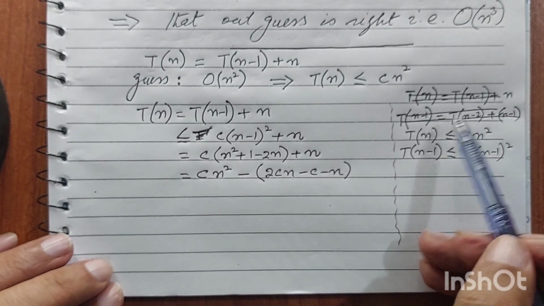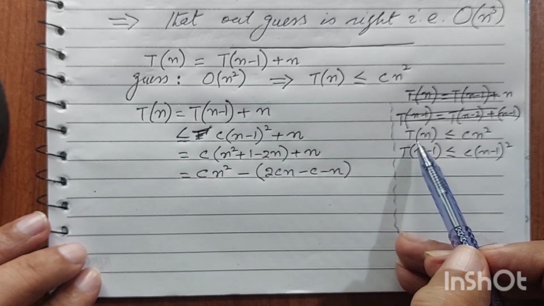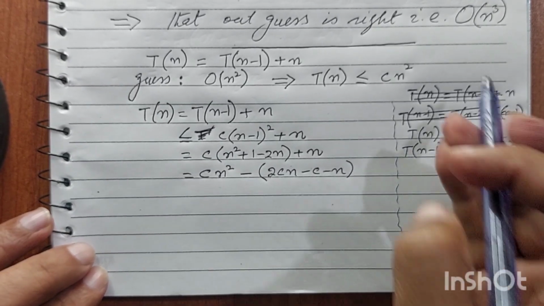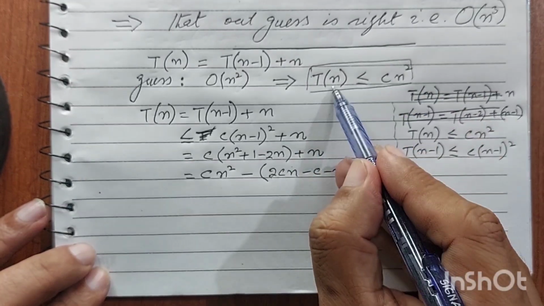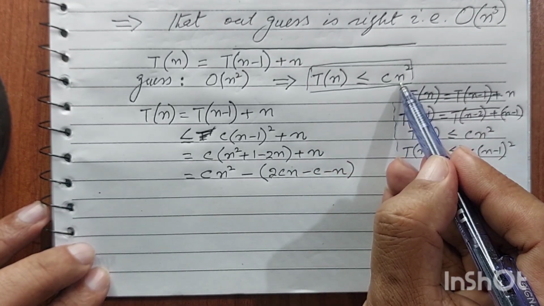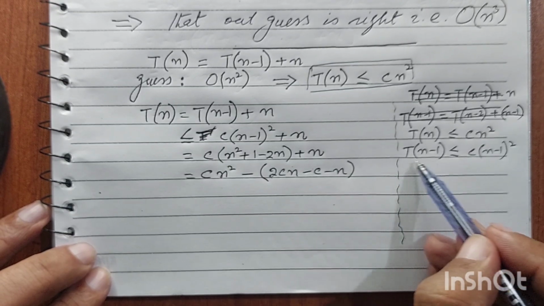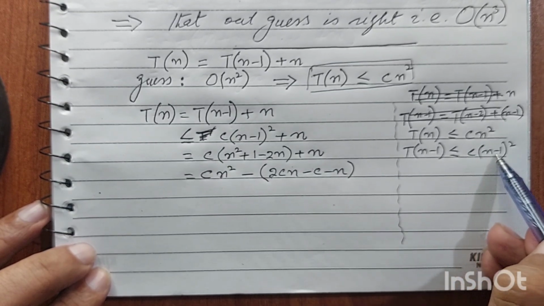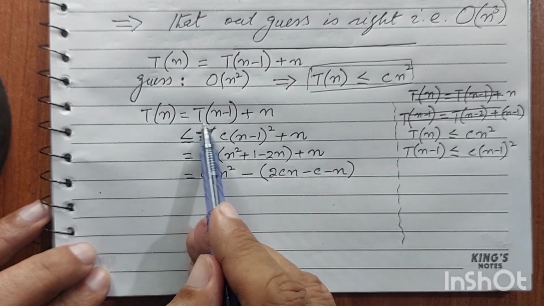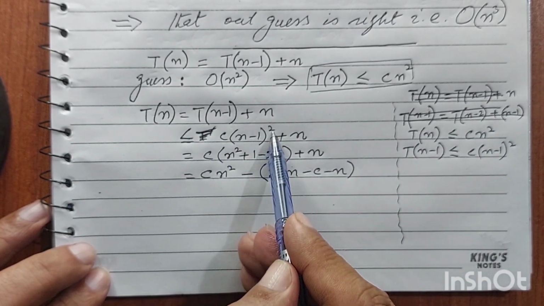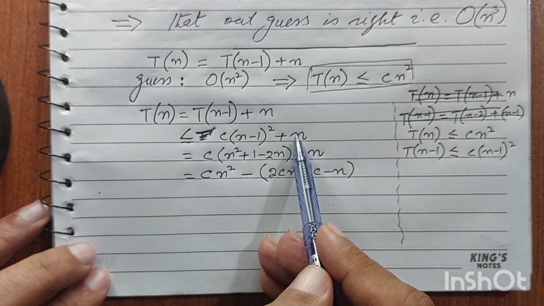Sorry, I mixed it with the iteration method. So we have to replace it with this part of the equation. So replacing n with n minus 1, T of n minus 1 is less than or equal to C of n minus 1 whole square.